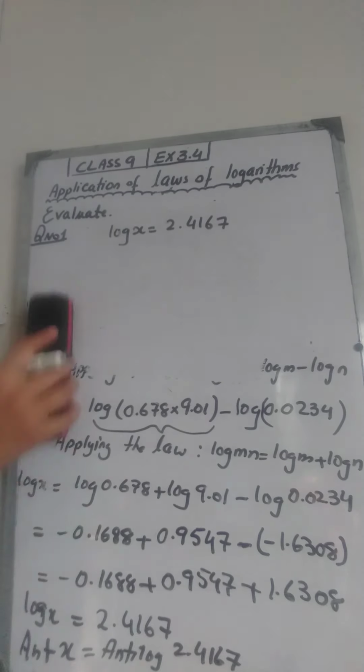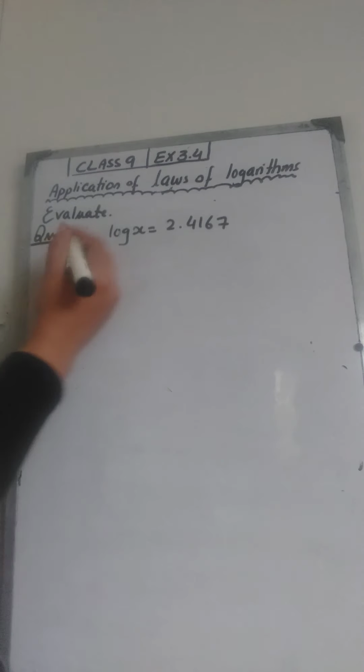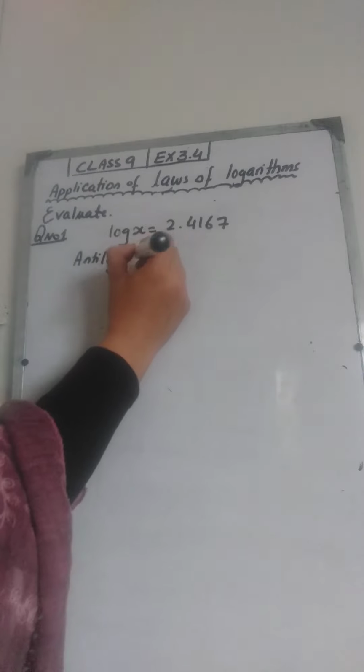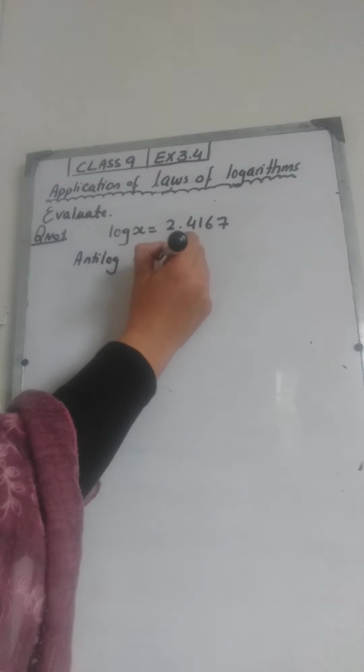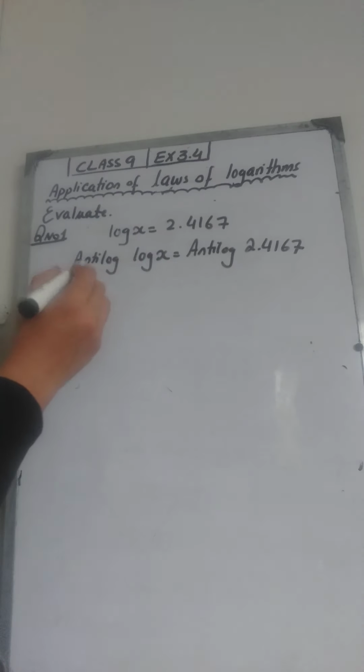And now we are going to find the value of x by taking antilog on both the sides. Taking the antilog of both the sides, antilog of log of x is equal to antilog of 2.4167. This we are going to calculate from the calculator.